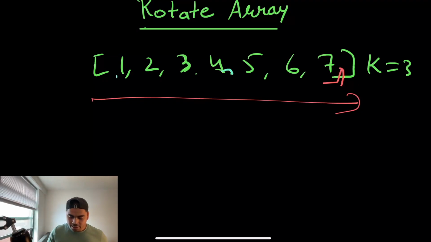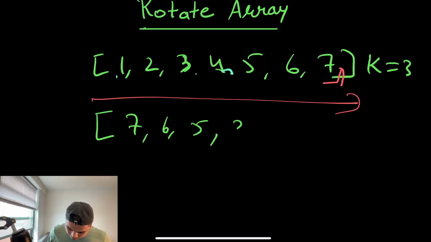That will bring all the values into the opposite order. Everything will be reversed, so it's 7, 6, 5, 4, 3, 2, and 1.